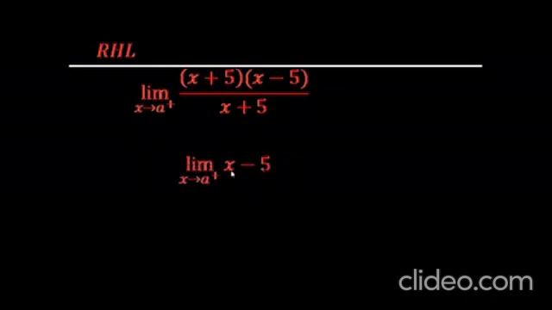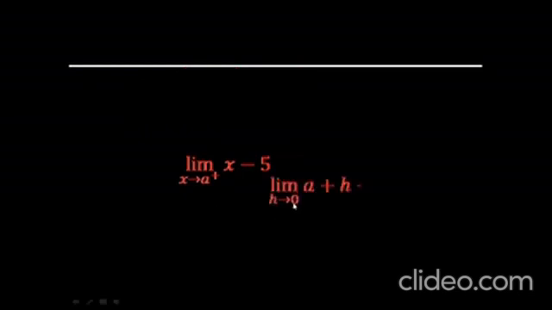And afterwards we have to replace x by a plus h. So we can write limit h tends to 0 of a plus h minus 5. And then if you put the value of h as 0, this is also equal to a minus 5.